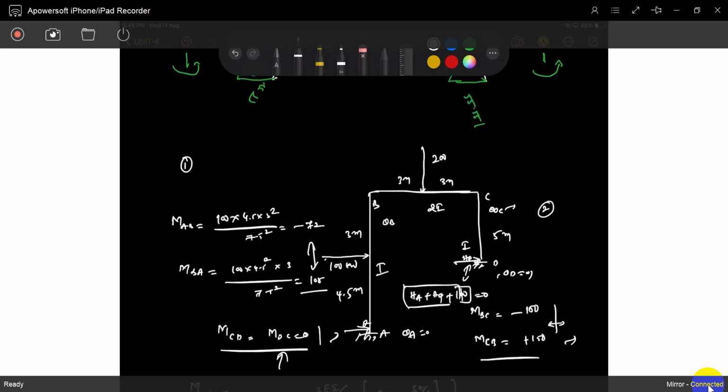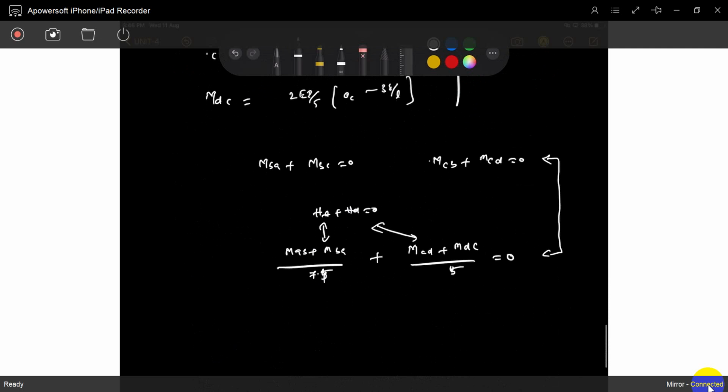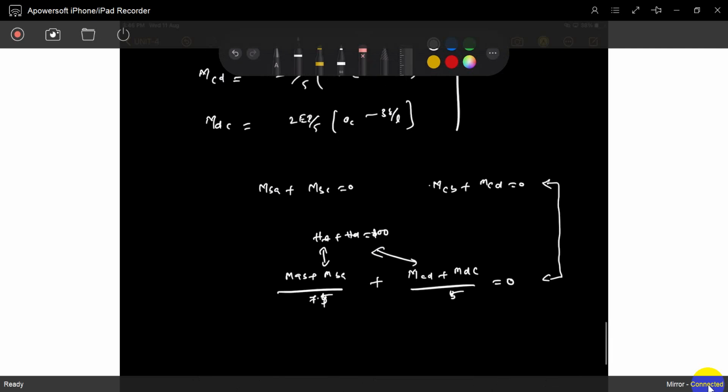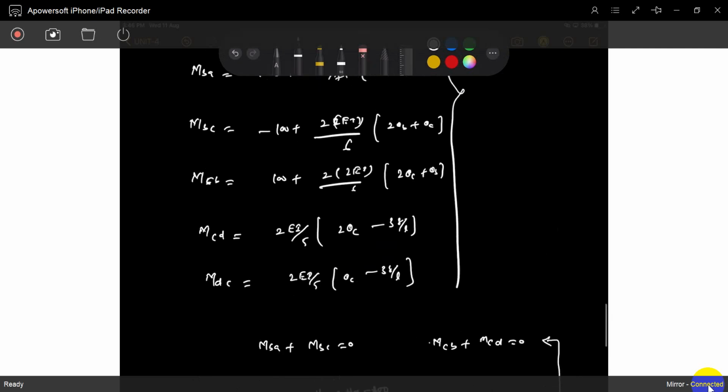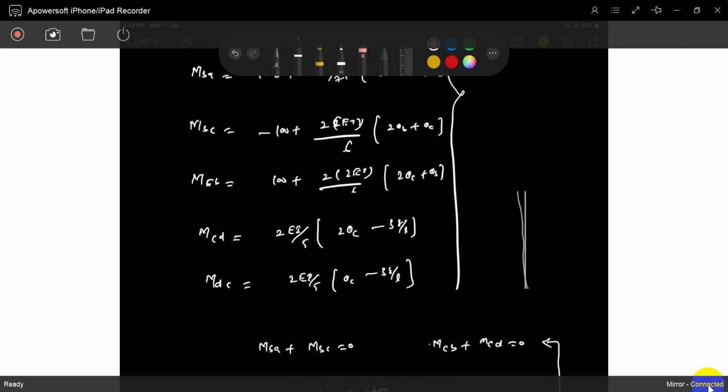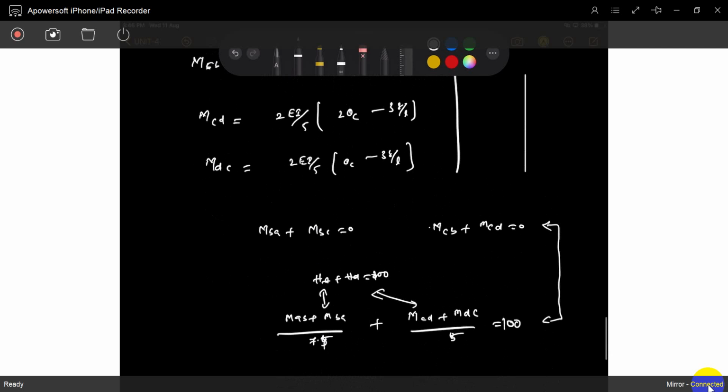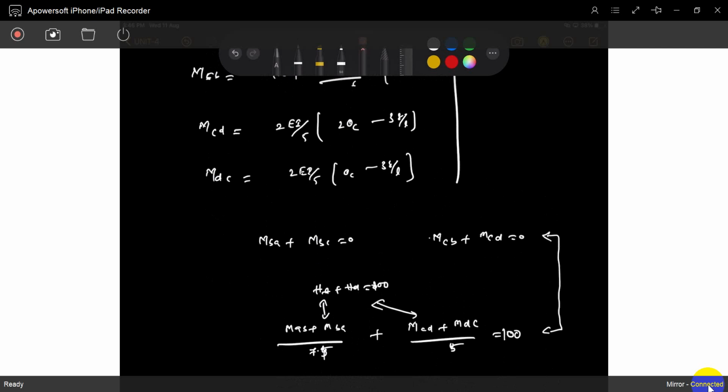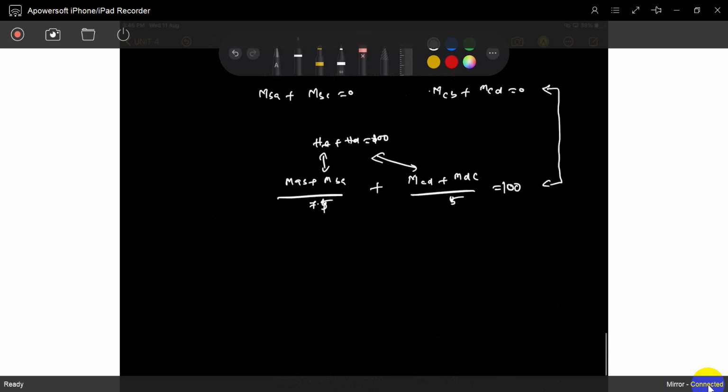That means HA and HD will come out negative. That's why it is not 0, it's 100. Otherwise I will draw the free body diagram. Wait, one thing.